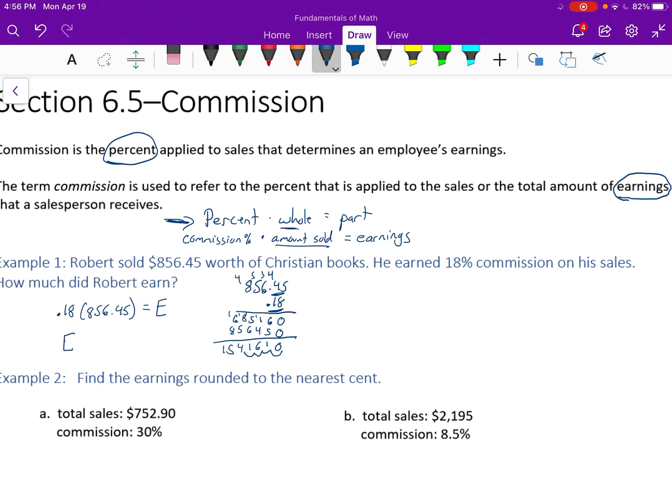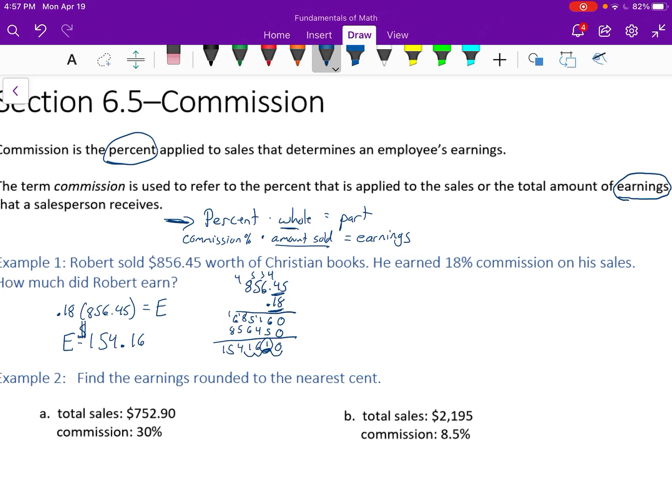So his earnings, as long as we multiplied correctly, is 154.16. But we're talking about money, so we round to the nearest cent. So his earnings are $154.16.